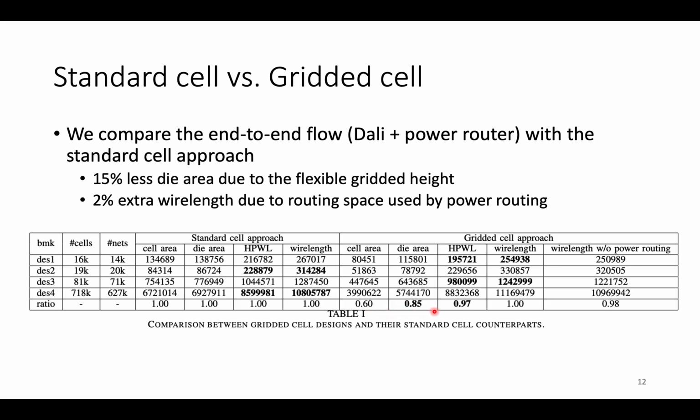If you look at the die area, the gridded cell approach can save 15% die area due to the flexible gridded cell height. And if you look at the wire length and wire length without power routing, this shows that power routing makes the signal nets use 2% more wire length because the power routing takes some routing space that the signal nets should be using.